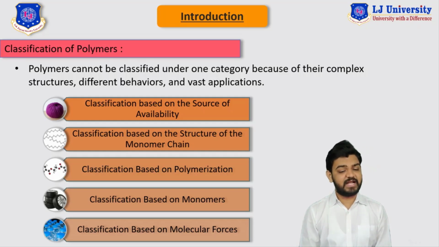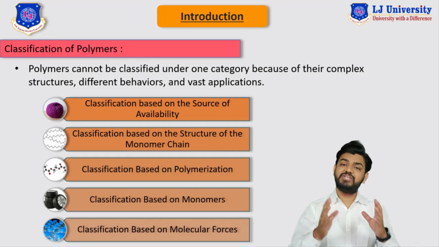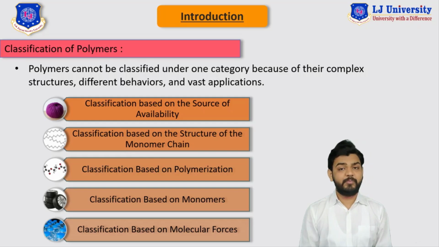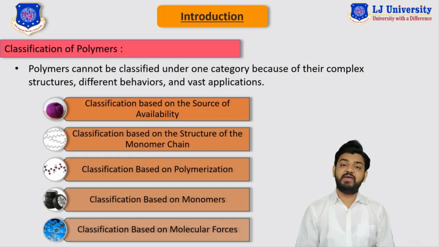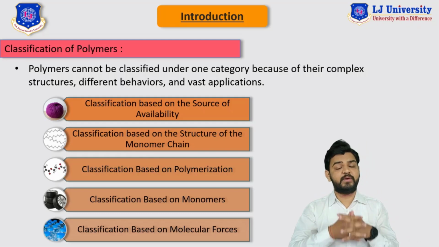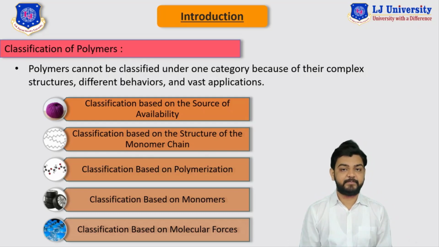Then we have classification based on monomer. So a monomer can be bifunctional or it can be trifunctional as well, and based on that we have classification for the polymer. And lastly, we have classification of polymers based on the molecular forces that join the monomers to form the polymer.